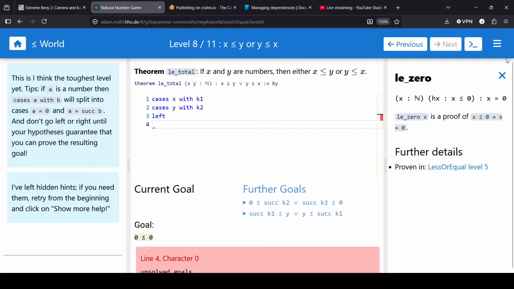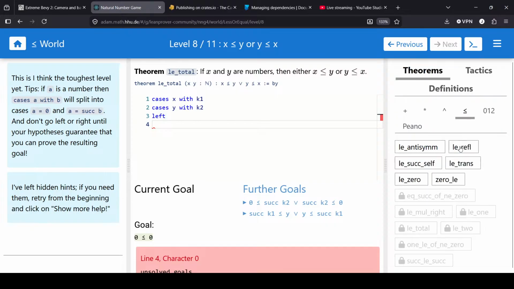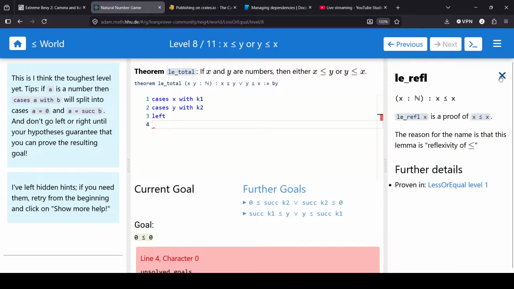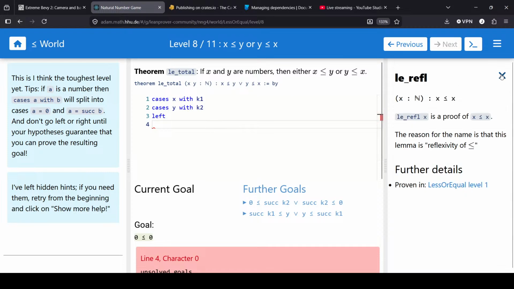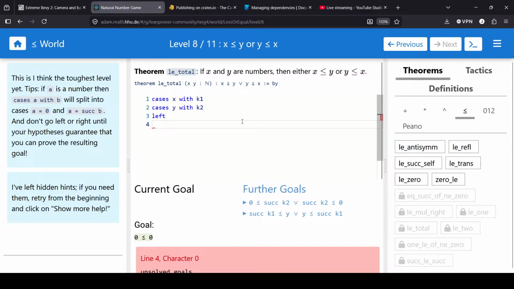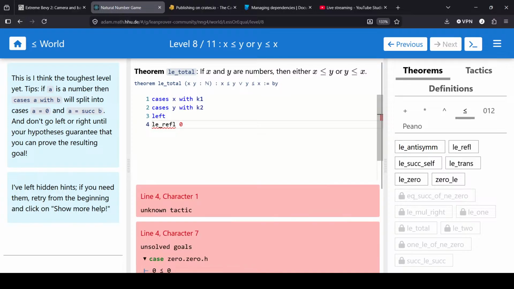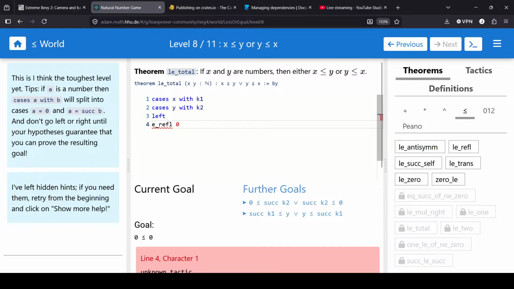I have le zero, but I don't think I need that because I have le refl. So wait, how do I le refl? Do I just le refl? Zero? Unknown tactic. Do I need to rewrite?